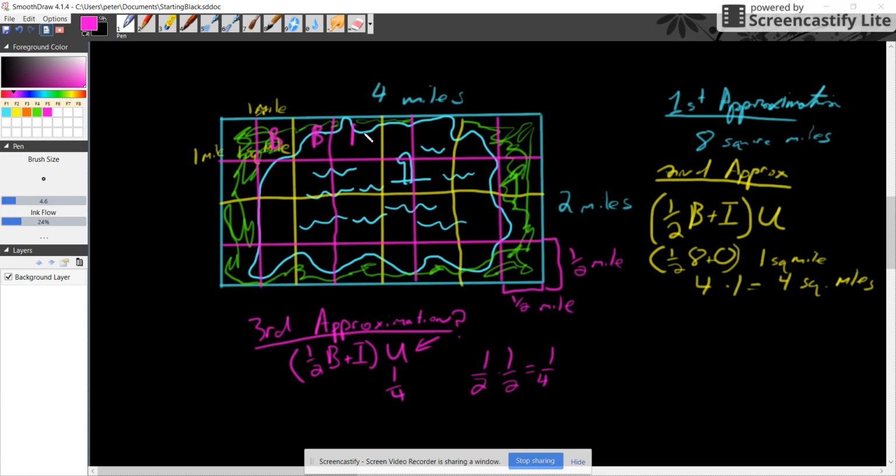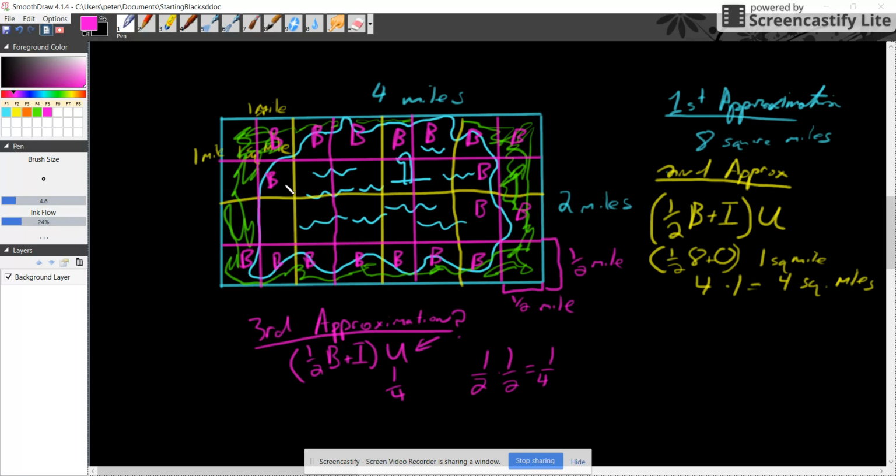Border, border, border, border, border, border, border. That one doesn't count. Border, border, border, border, border. We're going to say this is an interior square.